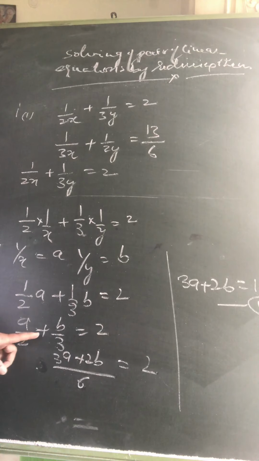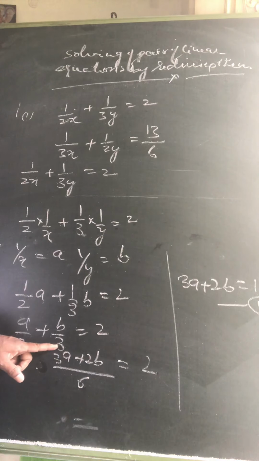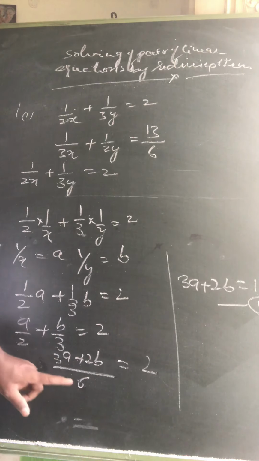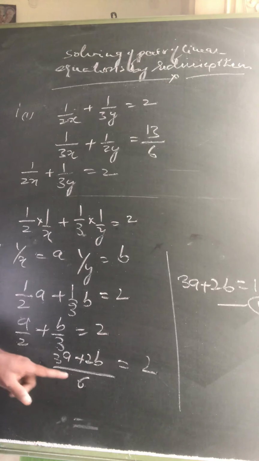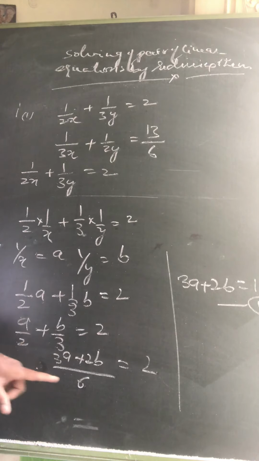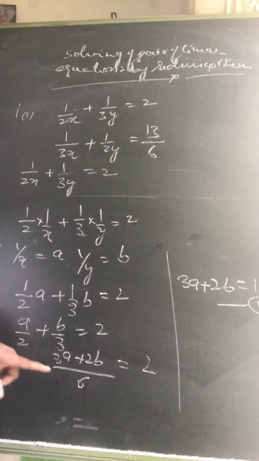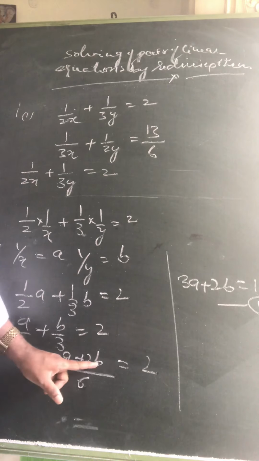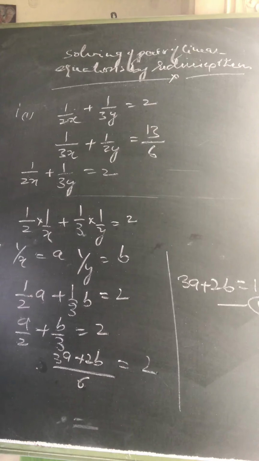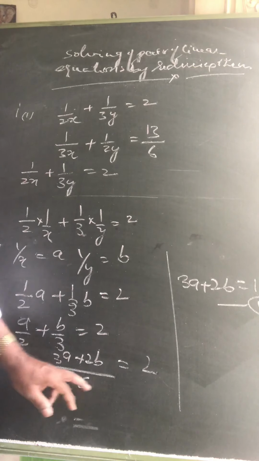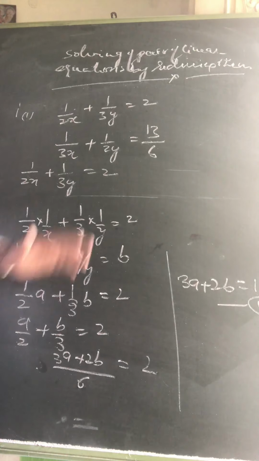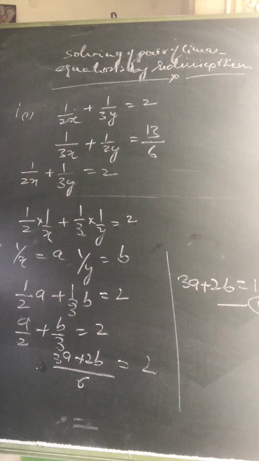But again there are denominators, so we take the LCM of 2 and 3, which is 6. Adding the terms, 3a plus 2b is equal to 6 into 2, 12. This is the first equation we got.